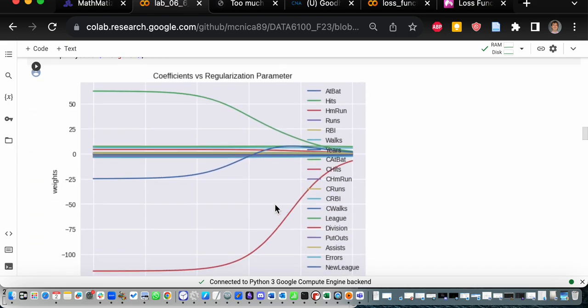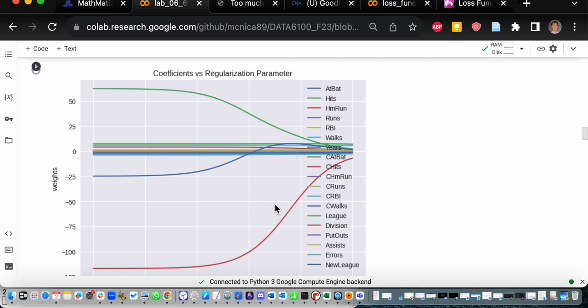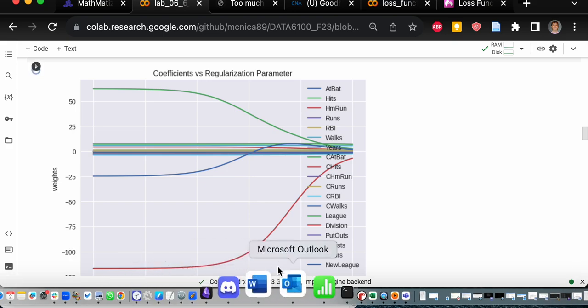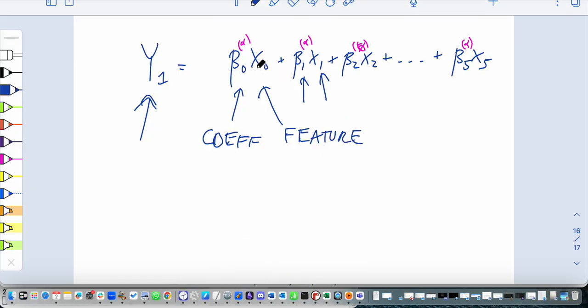Like in your housing data set, I said, don't worry about that. It's fine. The betas, some of them are big, some of them are small. It's all okay because when you multiply them together, they cancel out. If the coefficient is really big and the feature is really small, great. Multiply them together, you get something normal size. If the coefficient is really small and the feature is really big, that's fine too. And the betas are found automatically to be the right size.